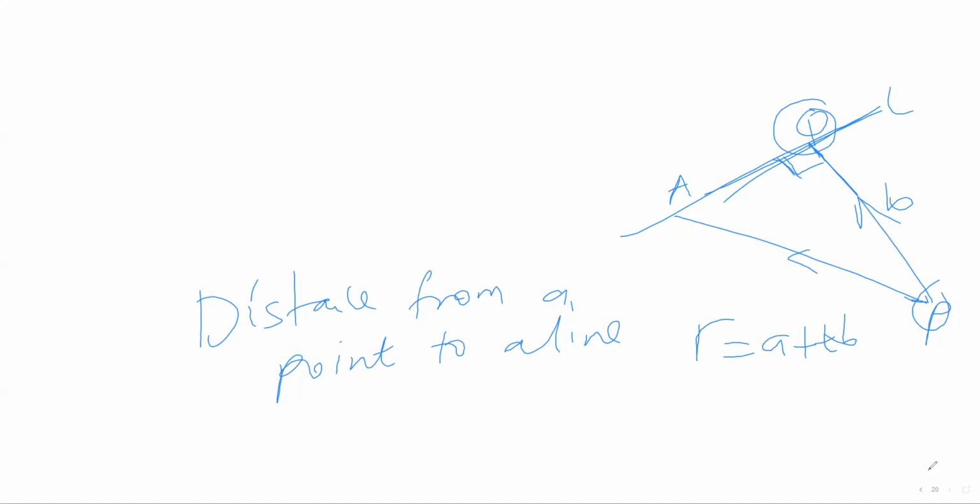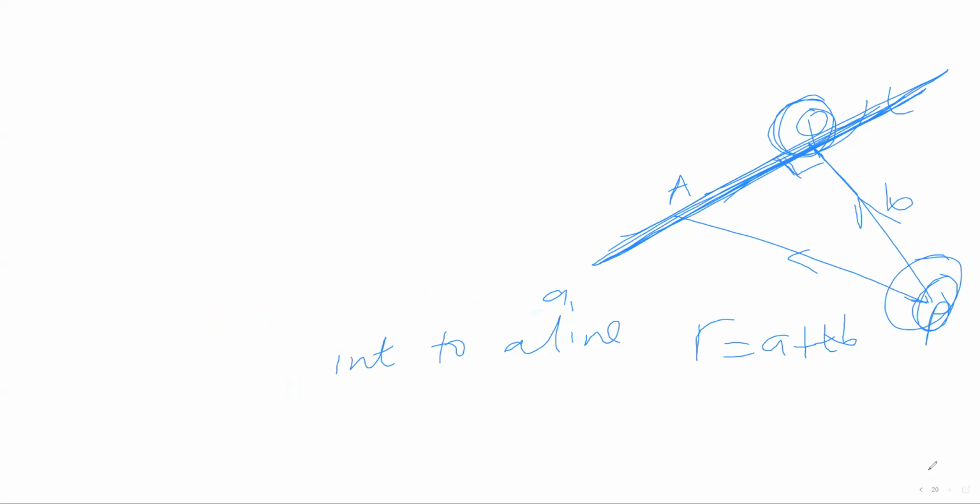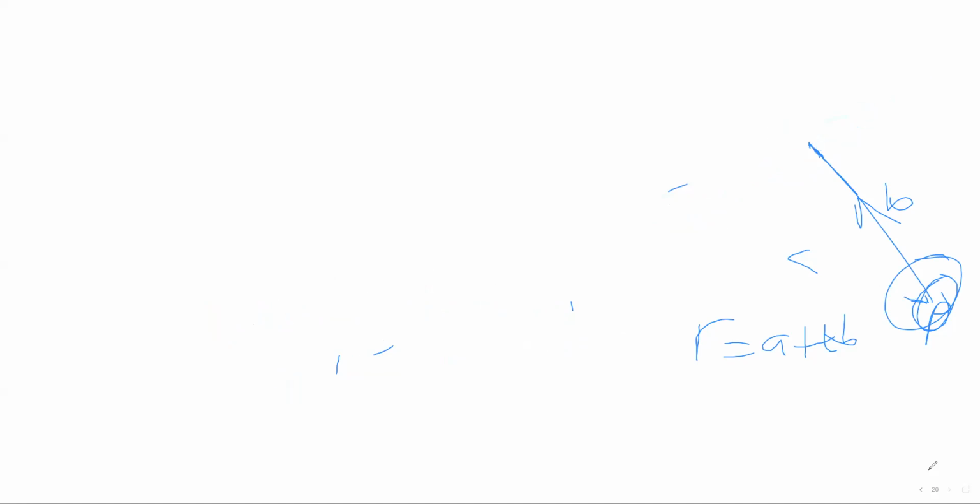So what we want to find is a distance from a point, which is this P, to that line. That's what we want to talk about here. I'm going to demonstrate it with an example.